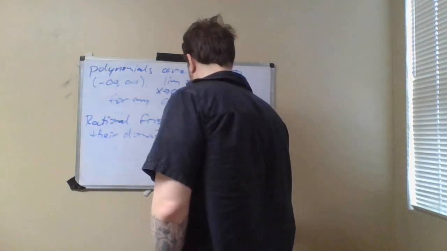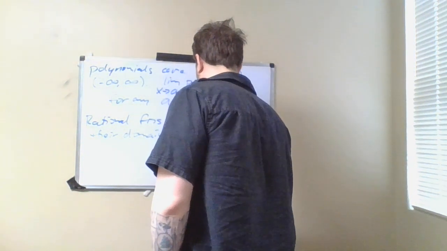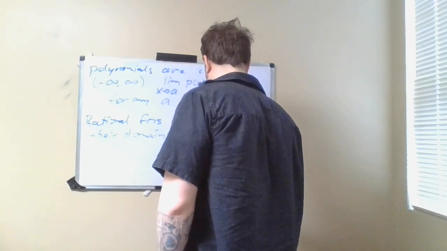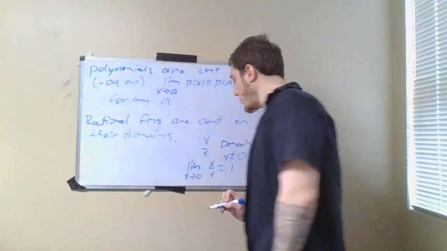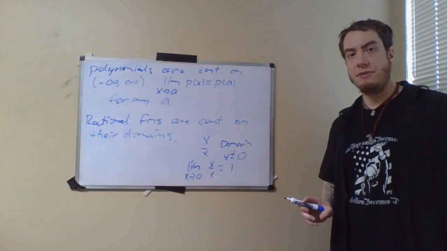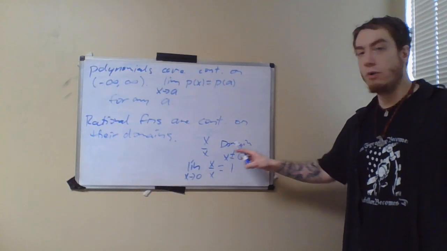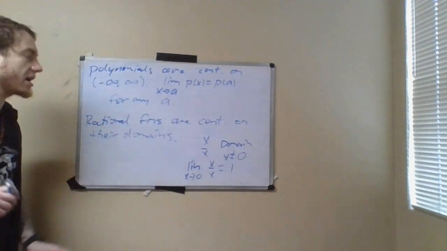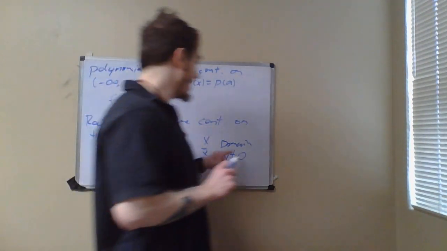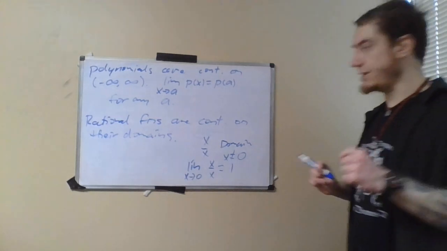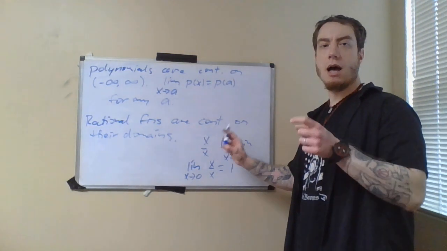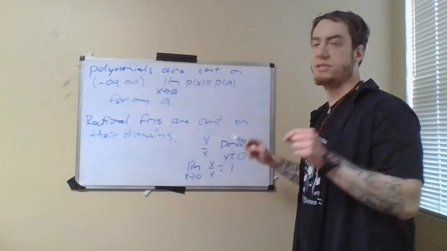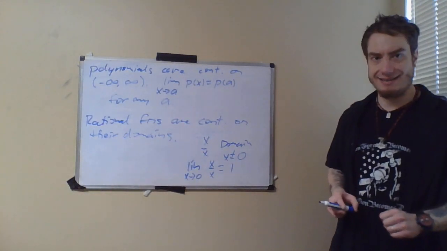However, the limit as x approaches 0 of x over x is just equal to 1, and therefore the limit exists at a point outside the domain. So that's perfectly fine. But it's not continuous there because it cannot be evaluated at 0. So this is continuous on its domain. It's not continuous at 0, even though the limit exists.